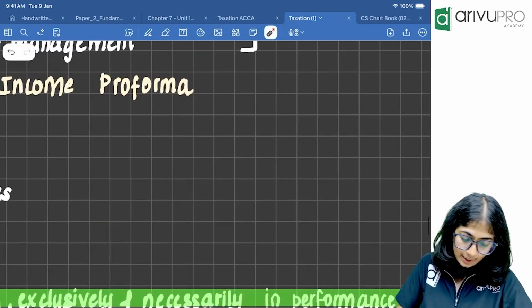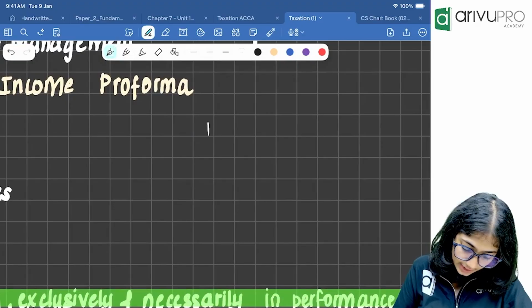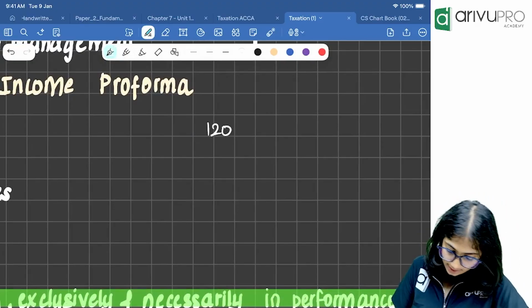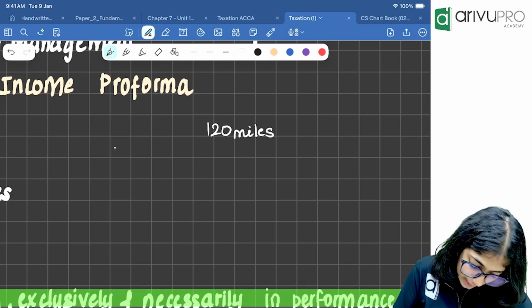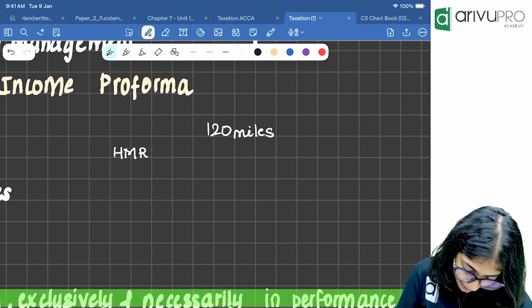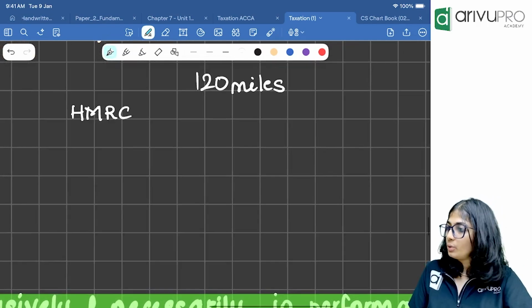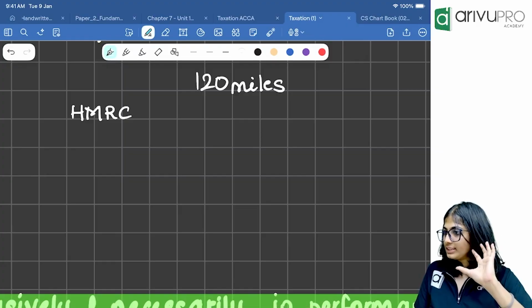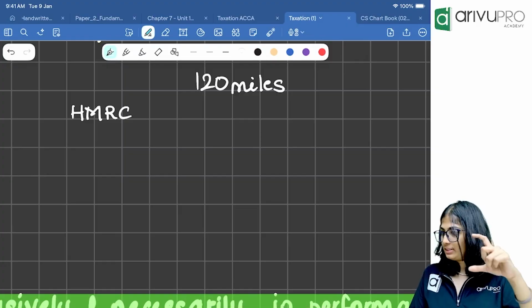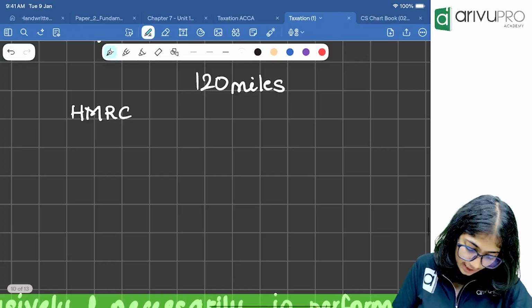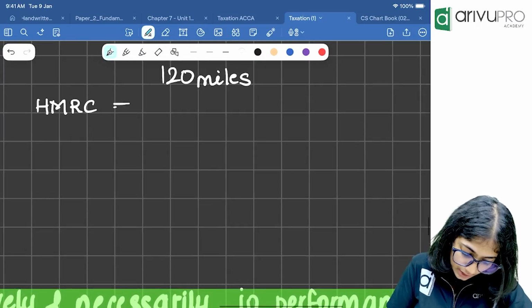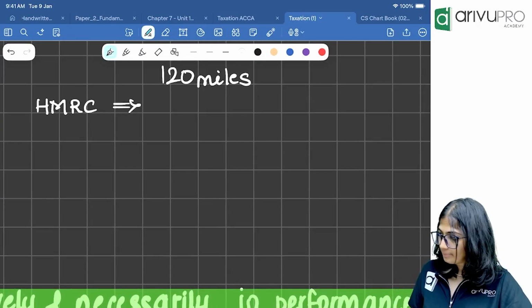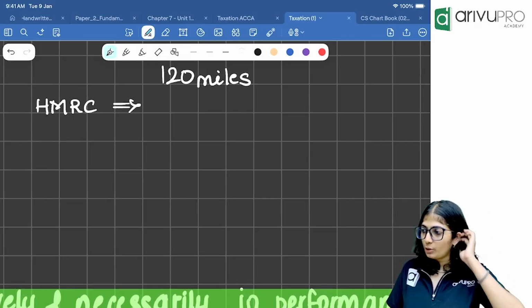I'll give you a simple example, guys. Let's say you traveled 120 miles. According to HMRC, you can claim a deduction that is equivalent to HMRC's approved mileage allowance table that is given to you. HMRC provides an allowable deduction. That is, the first 10,000 miles per annum is going to be 0.45.